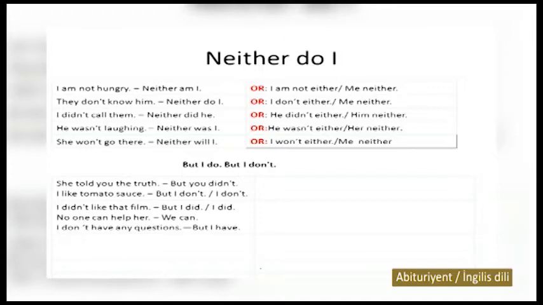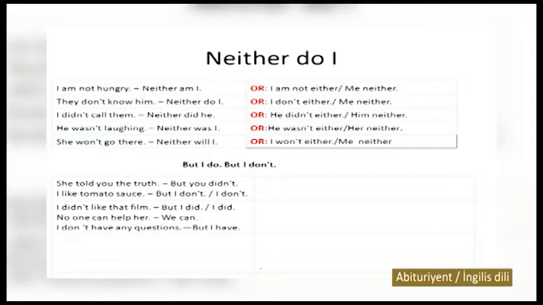They don't know him, and you say, neither do I, neither does she, or the full sentence, I don't know him either, or if you don't want to use the verb, you are satisfied just only with subject, then subject plus auxiliary plus either.